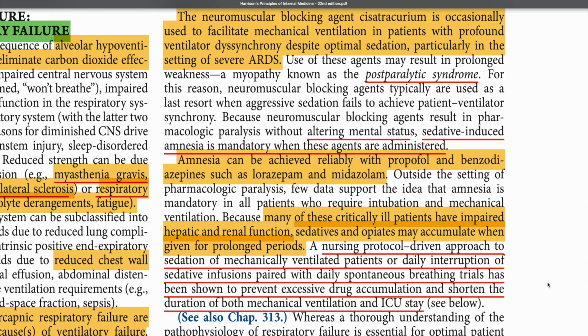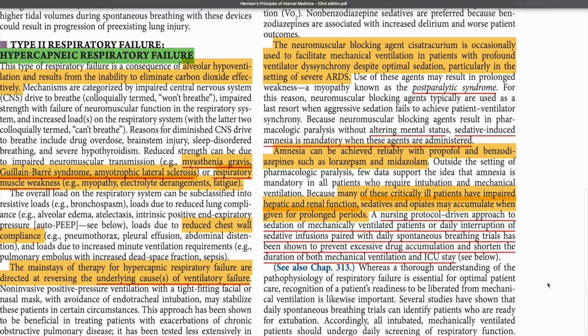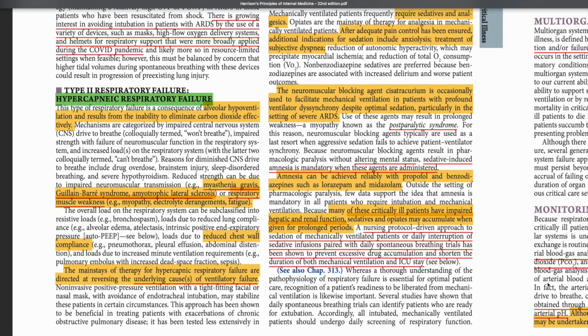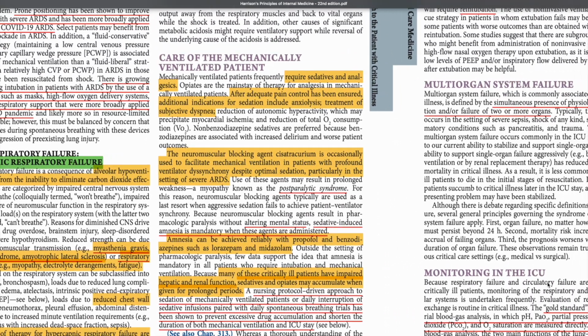What actually happens is we have to screen daily about the oxygenation and intact cough and airway reflexes, and no usage of vasopressors or any sedations. If all these criteria are met, we can go for spontaneous breathing trials.